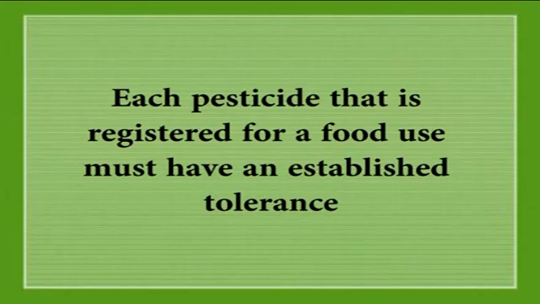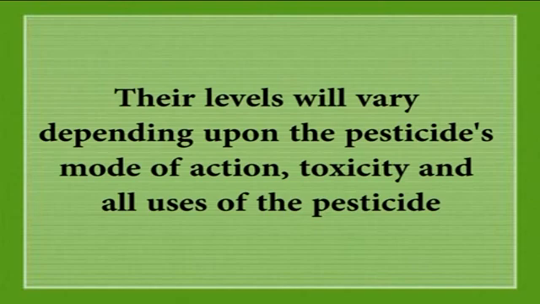A conservative margin of safety is included in the tolerance levels when established by the Environmental Protection Agency, which is abbreviated as EPA. Each pesticide that is registered for a food use must have an established tolerance, and their levels will vary depending upon the pesticide's mode of action, toxicity and all uses of the pesticide.